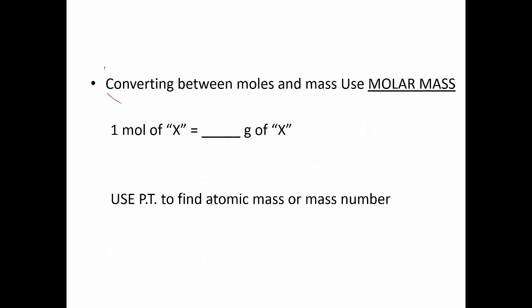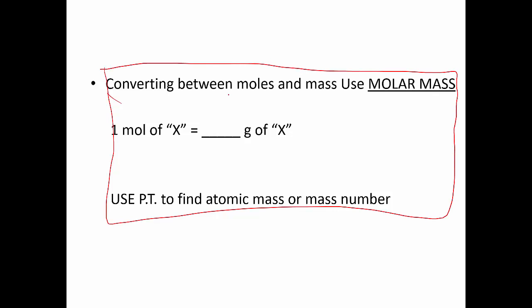So in the box that you have in your notes, converting between moles and molar mass is going to be our new conversion. So 1 mole of anything on the periodic table is going to be used to measure out grams on the periodic table. So our two conversions using the periodic table atomic mass: 1 mole of X, whatever that is, over the number of grams from the periodic table for that substance.